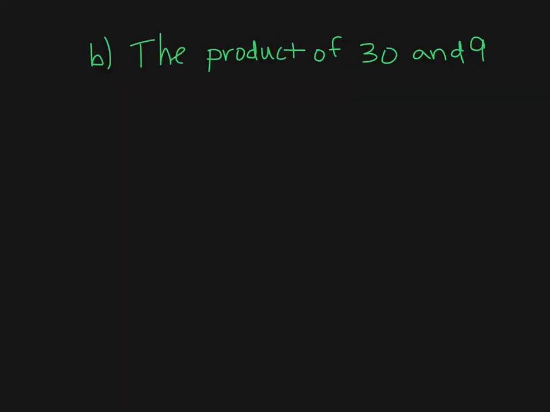If I had the product of 30 and 9, I would have to figure out what key words or phrases I'm seeing, and I would notice that product of would mean multiplication. Now, if you look at addition, the word and is in there. Now, the word and is used all over the place. So just so you know, that is not part of the actual keyword or phrases. So the words that we're focusing on are product of.